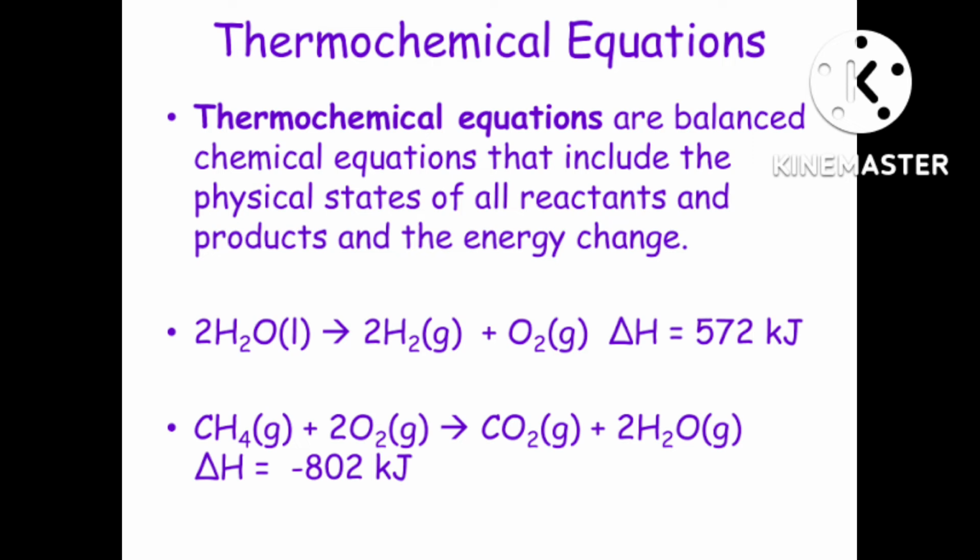Then you have to balance it. Here is the balanced equation: C2H5OH liquid, you have to write L, plus 3 O2 is required, 3 O2 gas. Then after the arrow sign, the two products I told you, it will form carbon dioxide gas.